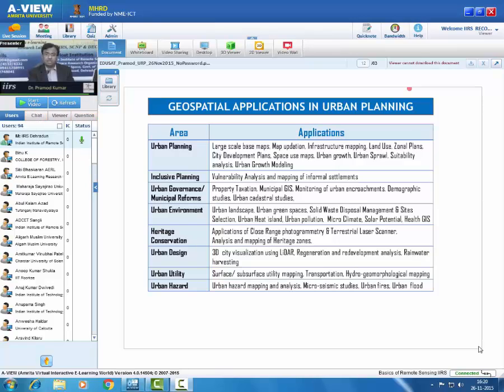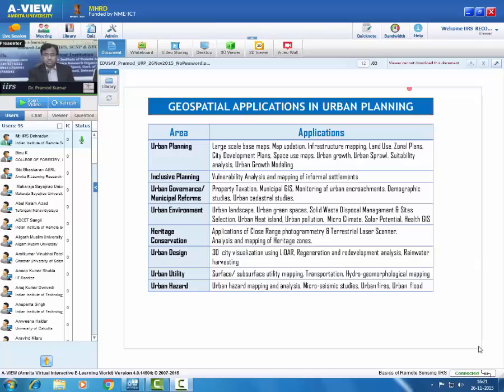Under urban governance, there are several examples where municipal GIS, urban cadastral studies and property taxation have been experimented with. Under the urban environment, urban green spaces, solid waste disposal management and site selection, urban heat island, urban pollution and microclimate studies have all been experimented with.